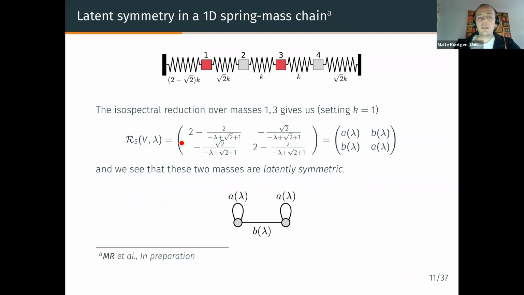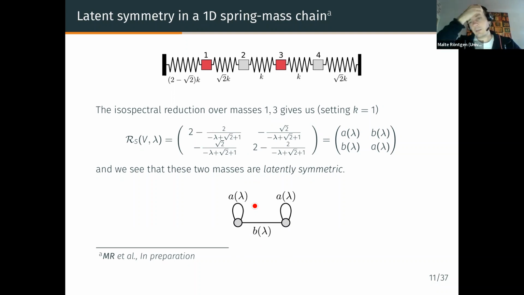It is lambda dependent, where lambda was our eigenvalue, m times omega squared. The exact structure I don't really care about. What I care about is that these two elements, this diagonal and this diagonal here, are the same. So it has this structure, it's bisymmetric, or drawn as a graph now, it has an obvious reflection symmetry.